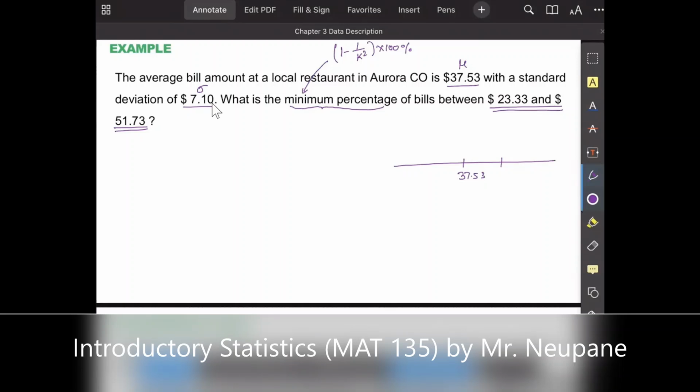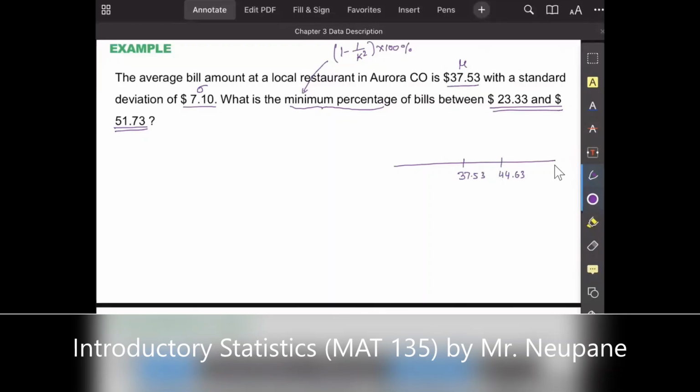What is the value? 44.63. We are talking about money, so 2 decimal places is fine. When we go one standard deviation up, we didn't get the value 51. We get this one only.